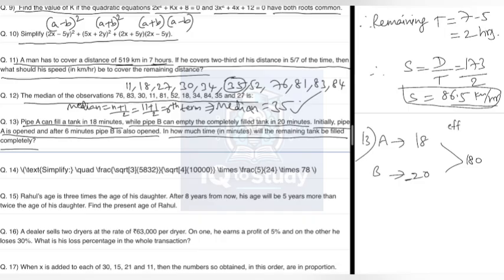So their efficiency becomes 10 for A and minus 9 for B. Initially pipe A is open and after 6 minutes B is open.